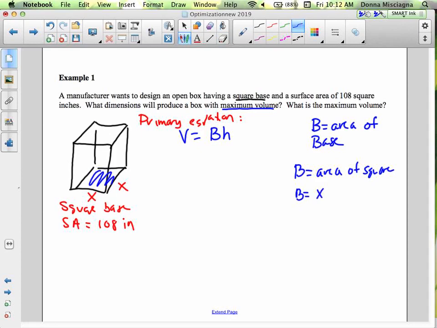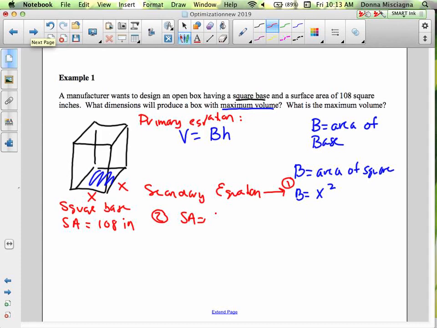Now we've got to deal with the h. So let's use our other equation. That's our primary equation. Let's grab out our secondary equation. Technically, you can also consider this to be a secondary equation as well. That's one secondary equation. We need another. The other secondary equation is the surface area. The equation for surface area of a prism is the area of the base, the two bases.